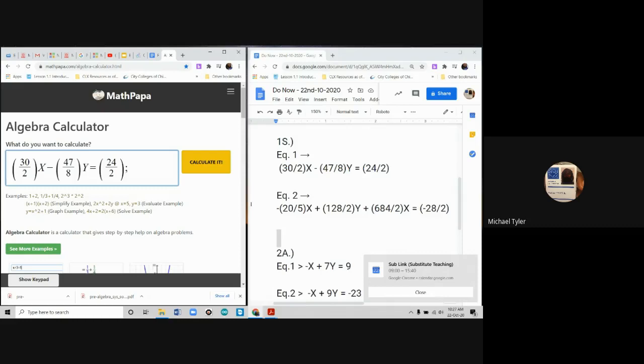The second equation, let's put this in here so I don't kill too much time. It's gonna be negative 20 parentheses, over 5, divided by 5, and close parentheses. That's x, right?